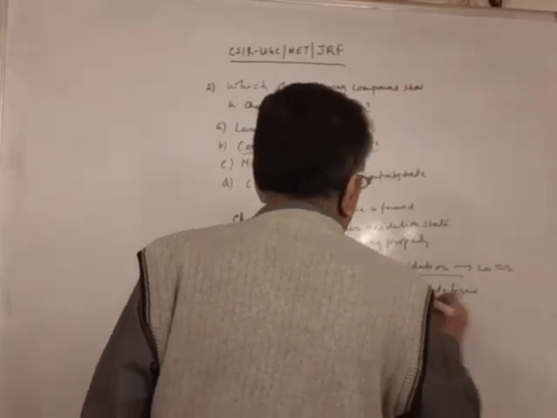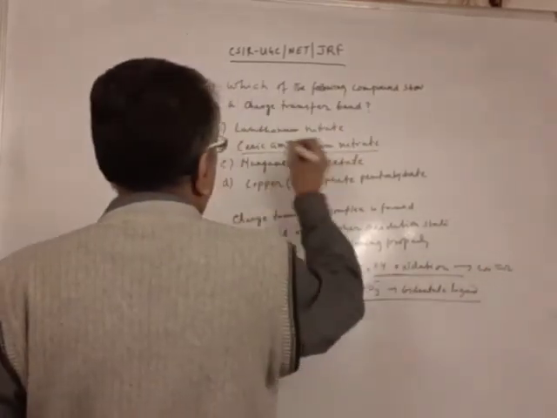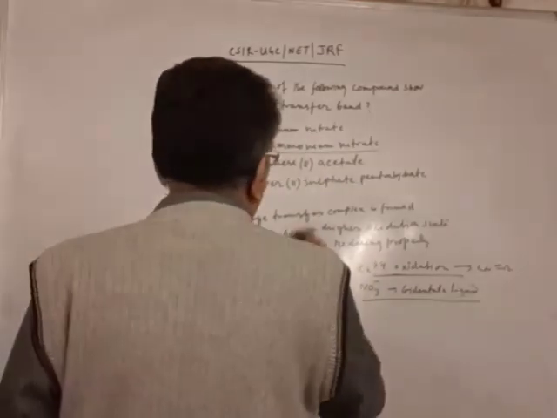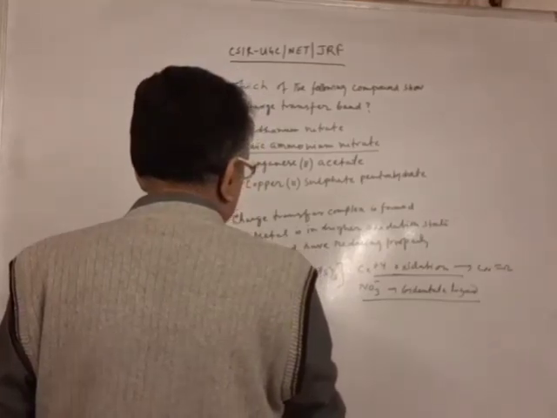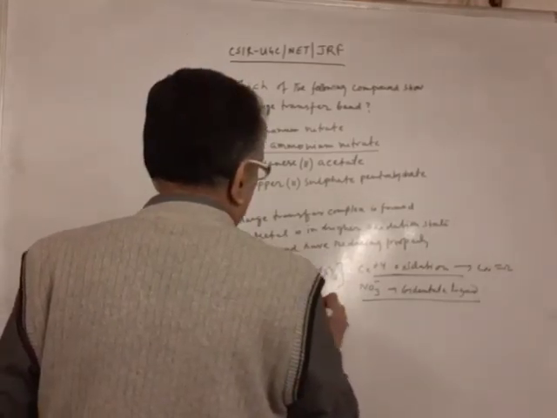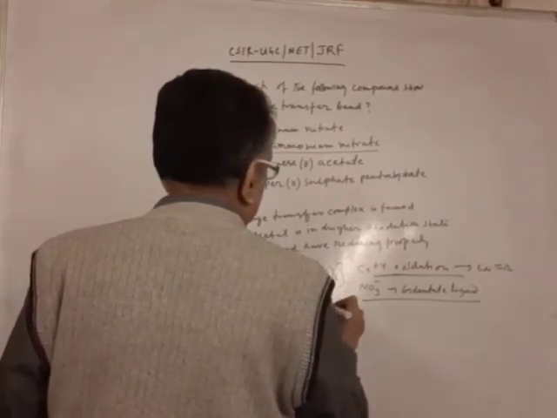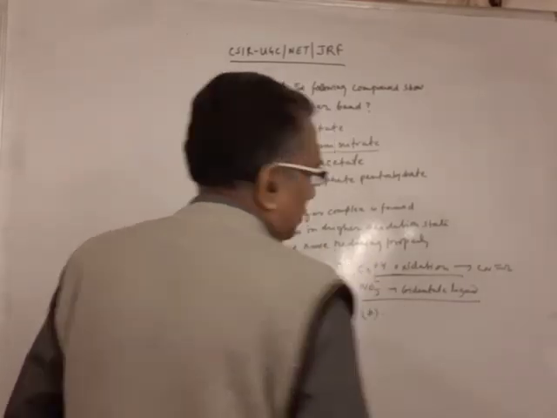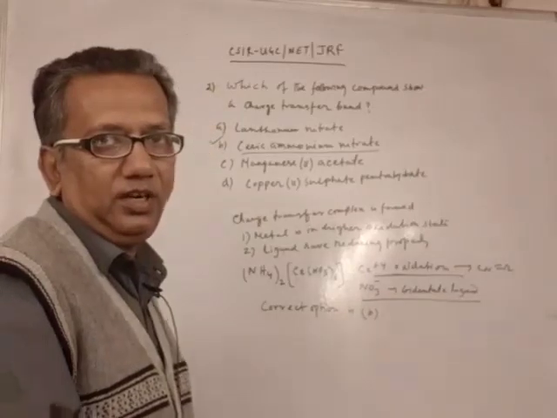So we get the charge transfer complex in ceric ammonium nitrate, and the correct option is B.